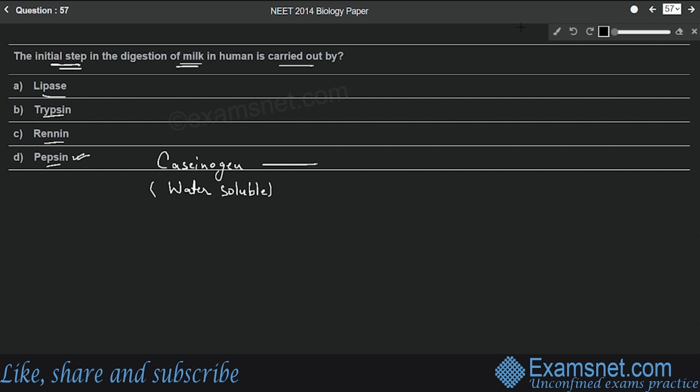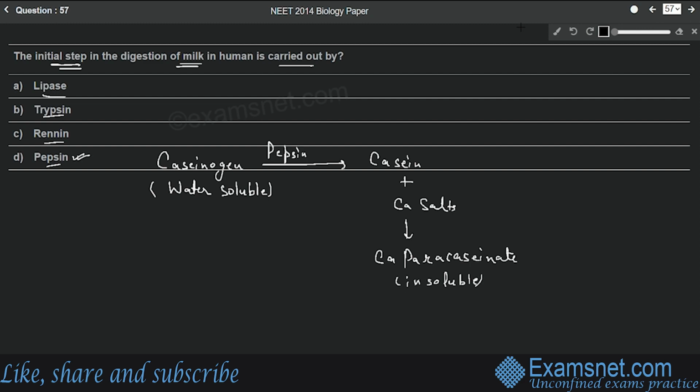Pepsin acts on it and converts it into casein, and then this casein combines with calcium salts to form insoluble calcium paracaseinate. Okay, calcium paracaseinate, so this is insoluble.